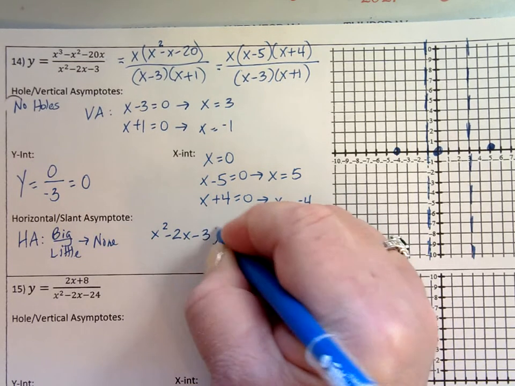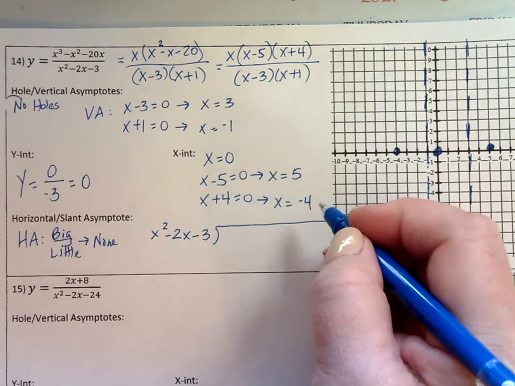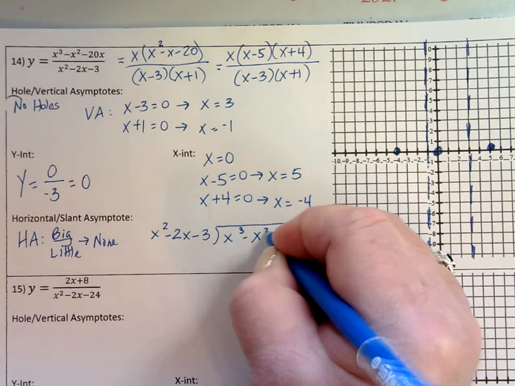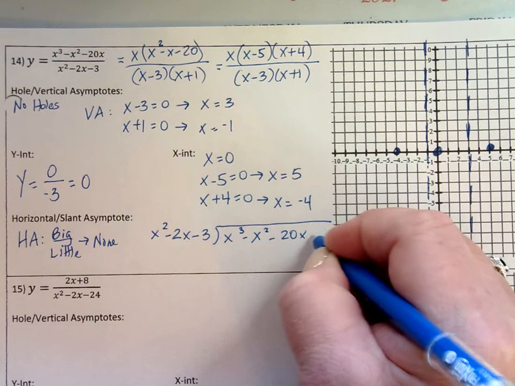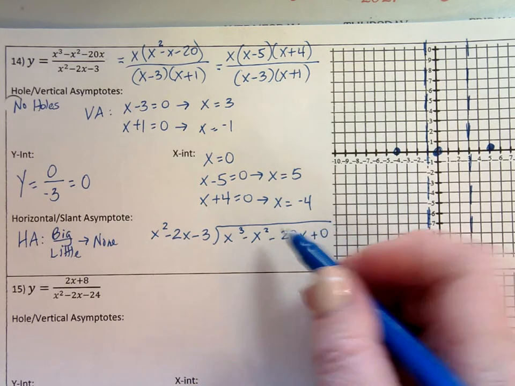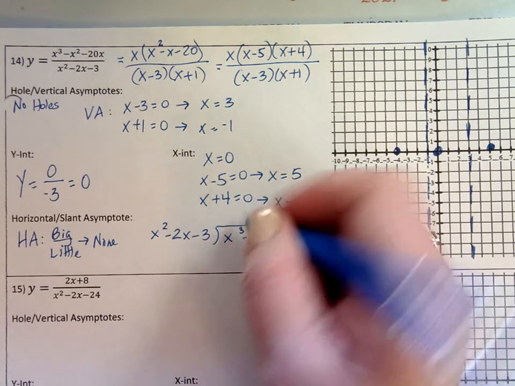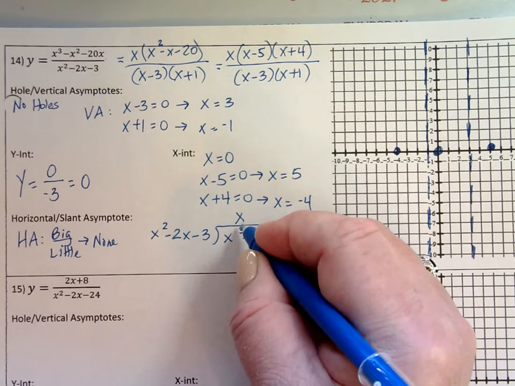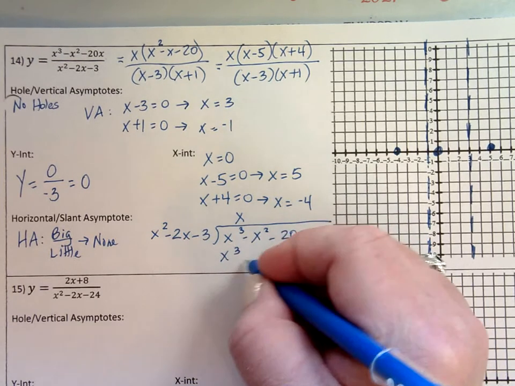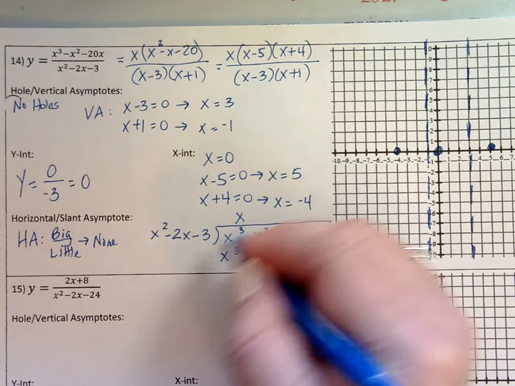This guy is an x cubed minus an x squared minus a 20x, and then I guess a plus 0 up there. So x cubed divided by x squared is an x. X times x squared is x cubed. X times -2x is -2x squared. X times -3, -3x. Change the signs.